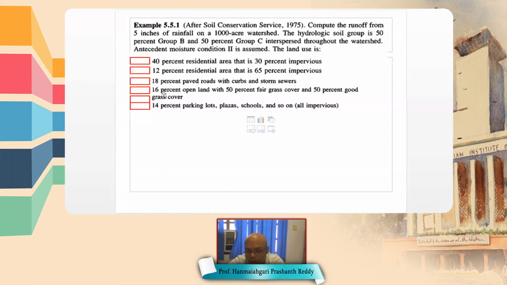Then 16% is open land with 50% fair grass and 50% good grass cover. 14% are parking lots. Okay, so this is the land use pattern, and we have to calculate the curve number for this combination of all these types of uses.